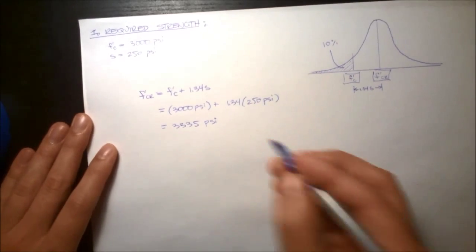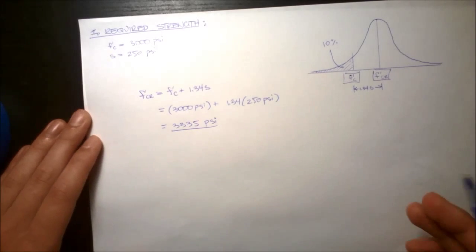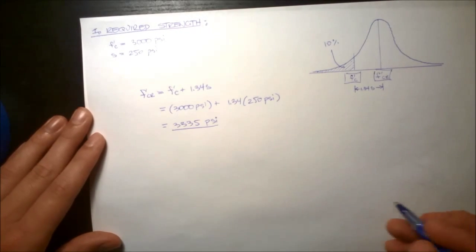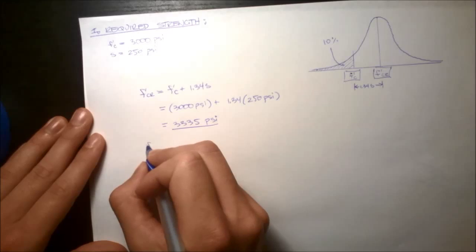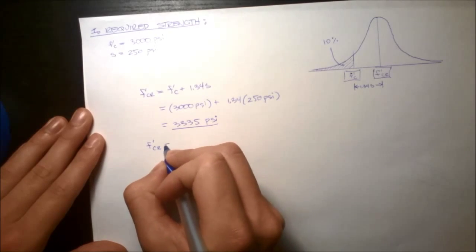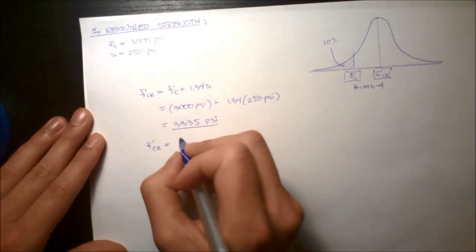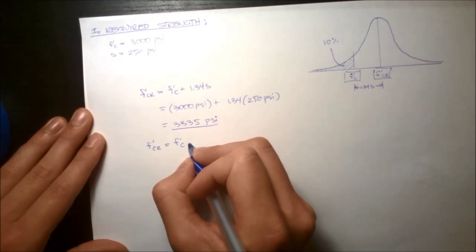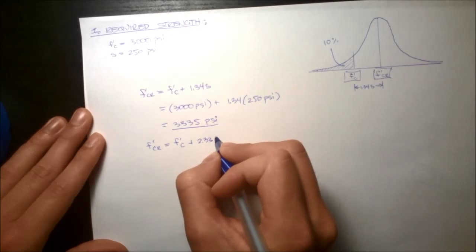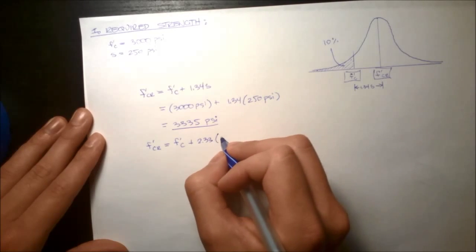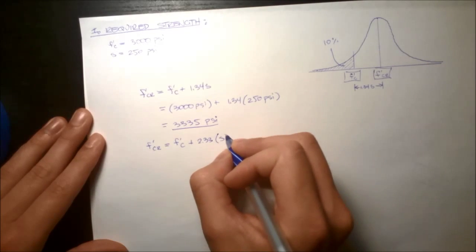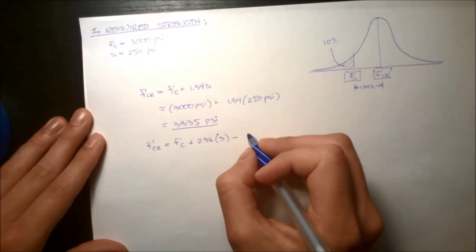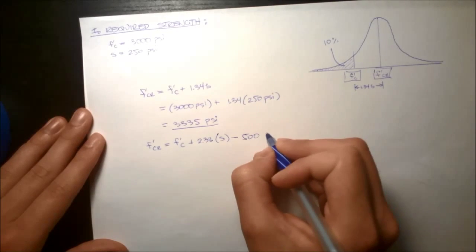Now, if this standard deviation were large, we'd use this equation, and we'll just check. So the required strength is equal to the given compressive strength plus 2.33 times the standard deviation minus 500 psi.